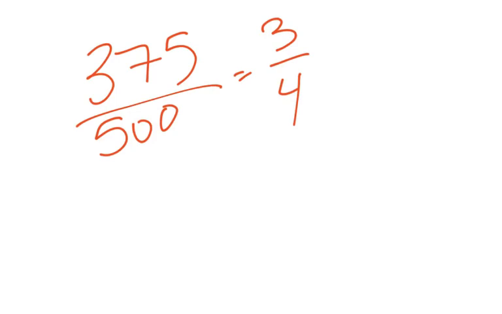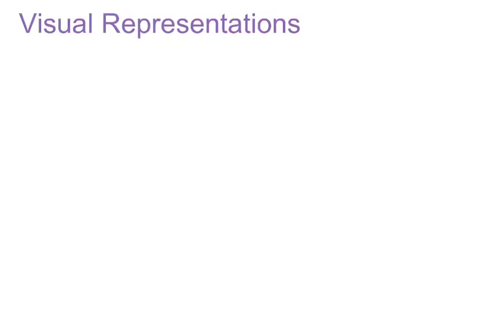So, there are a couple different strategies for simplifying. Number 1, visual representations. Visual, remember, means seeing it with our eyes, which visual representations are most likely going to mean with pictures.